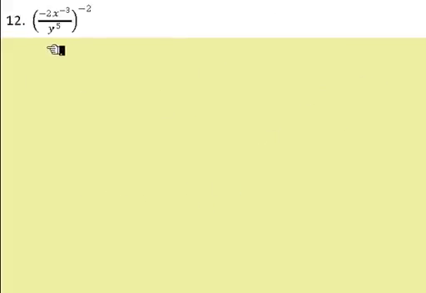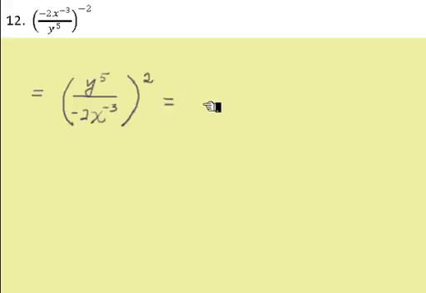In number 12, we have a fraction to a negative exponent, so we're using the reciprocal rule. Okay, take the reciprocal of the inside, that's y to the 5th on top, minus 2x to the minus 3 in the denominator. Change the minus 2 to a positive 2, and now we're ready to open parentheses. Y to the 5th squared, multiply those exponents, and we have y to the 10th.